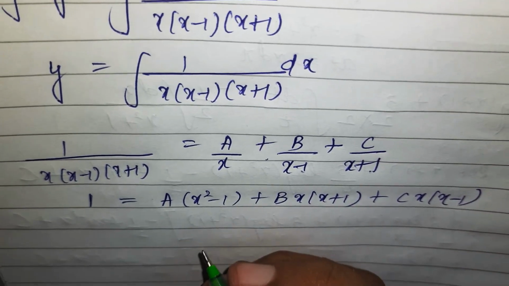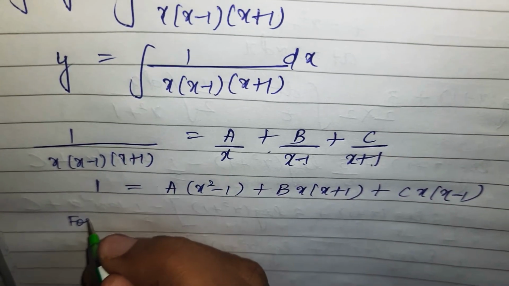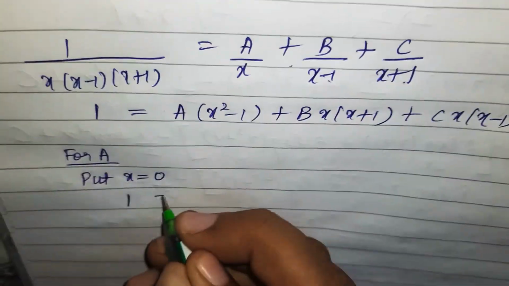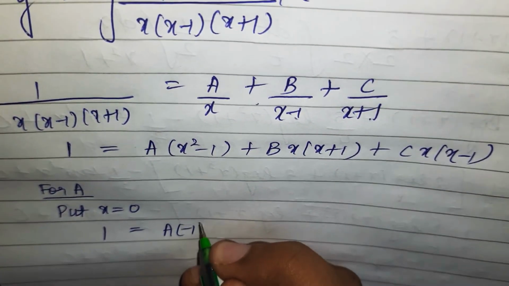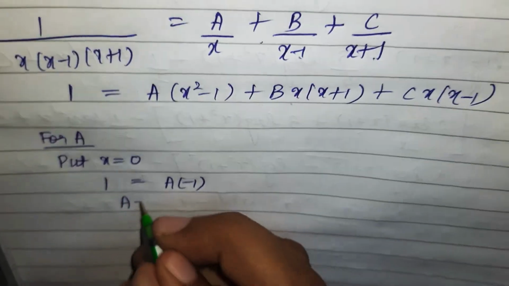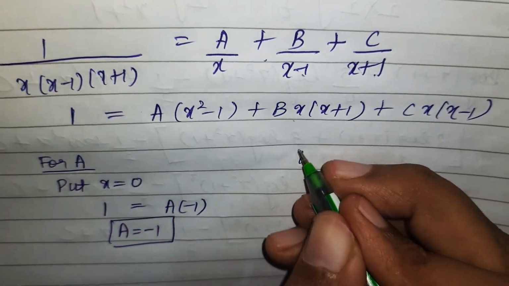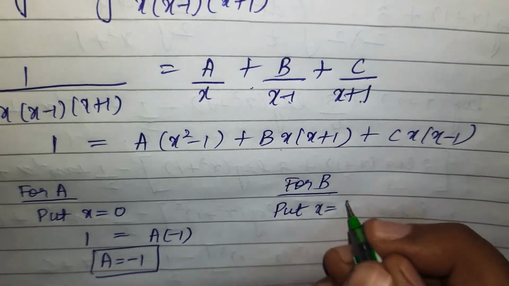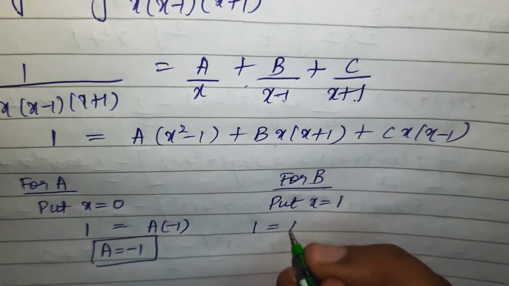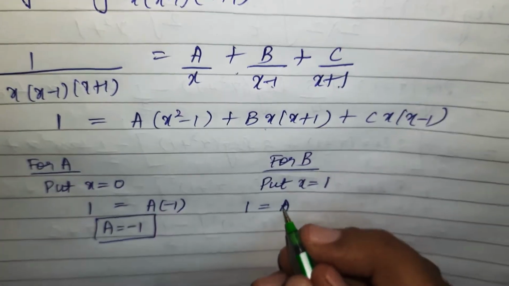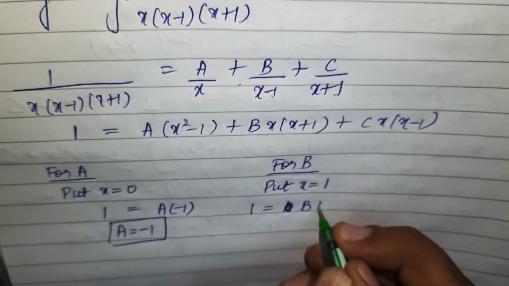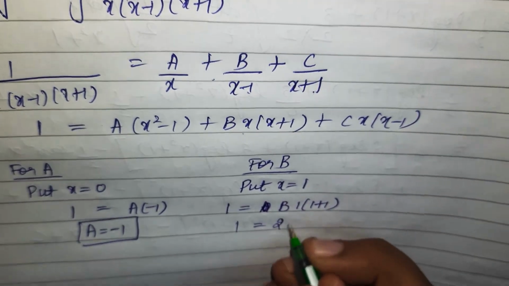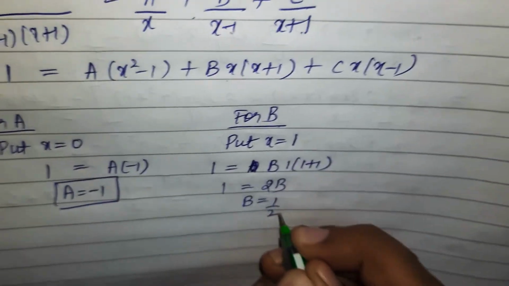So after doing this, if I apply the shortcut method for a, put x as 0, so you will be getting 1, a as minus 1, this is 0, this is 0, so value of a is minus 1. For b, shortcut method I am applying, put x as 1, so this will become 1, this will become 0. Then b, 1 plus 1, this will become 0, so I am getting 1 equals 2b, value of b is 1 by 2.